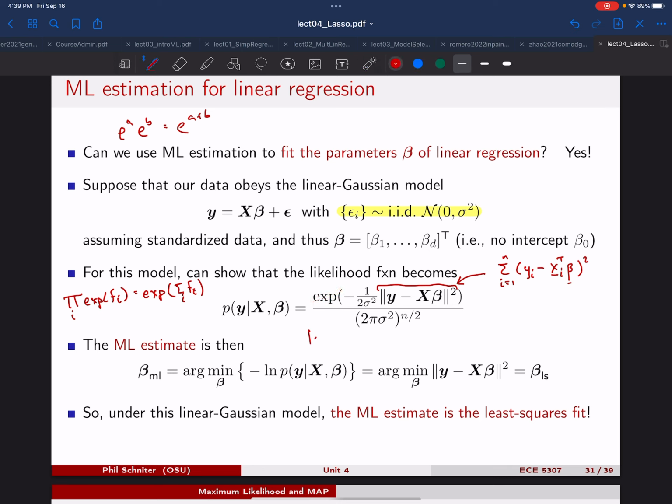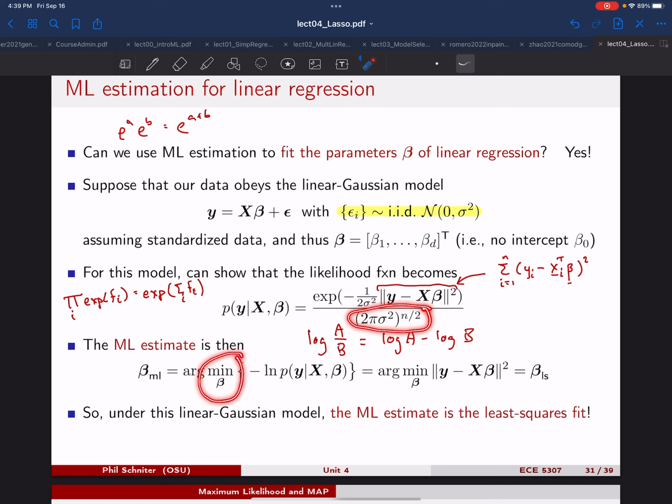Remember this: log of a over b is log of a minus log of b. So when we apply the log to this, we get log of a. A is exponent of this, so the log and the exponent cancel, and you're just left with this part. And then you get minus log of the denominator.